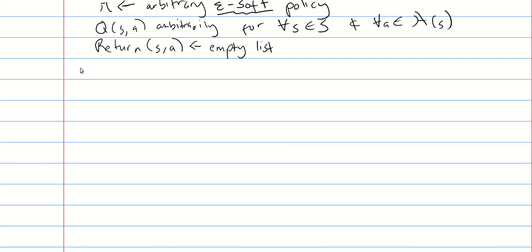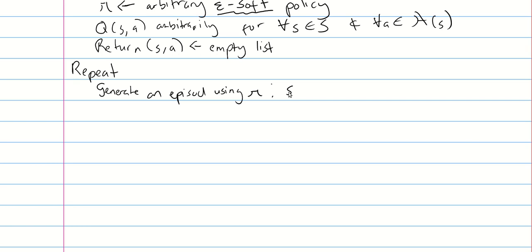And then we're going to repeat the following. Generate an episode using pi, right? So we're going to use pi, the current policy, to generate an episode.